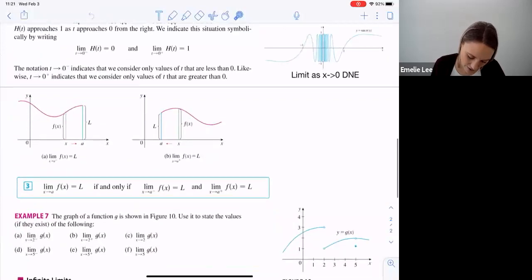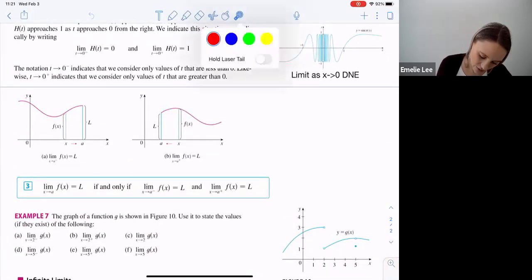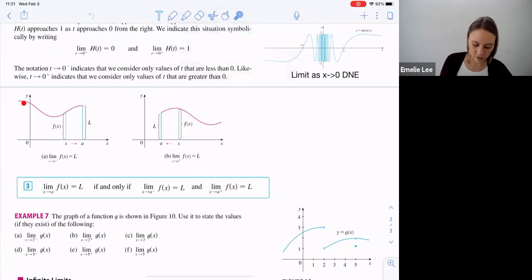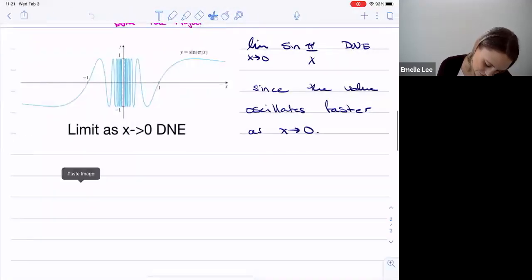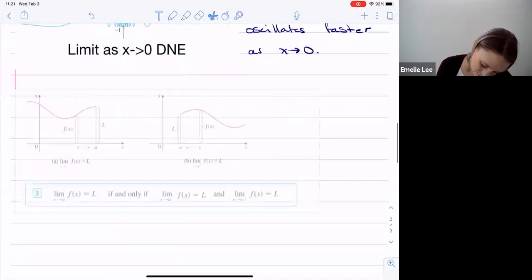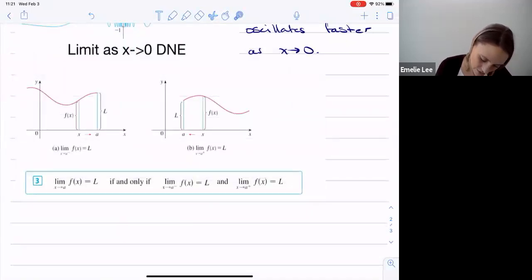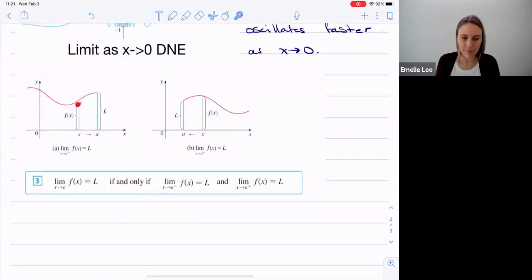Okay, so what we said earlier was that if we have some sort of function like this, and maybe I'll just copy all of this in here. Okay, so if I've got some function in pink here, and I'm interested in the limit as x approaches a, then essentially I'm moving closer and closer to a, and this is the left-handed limit.